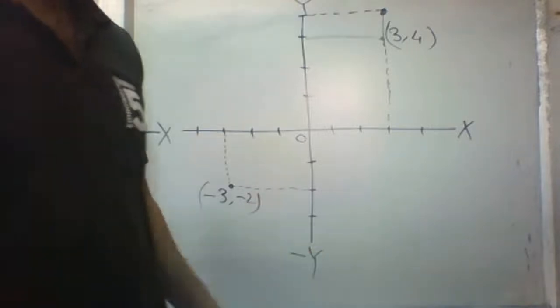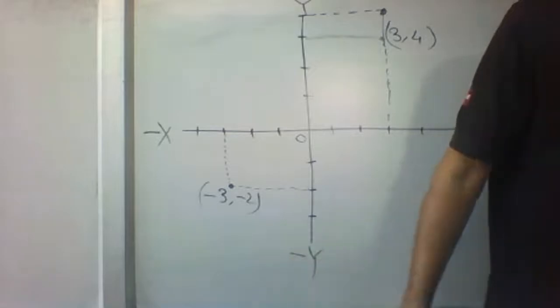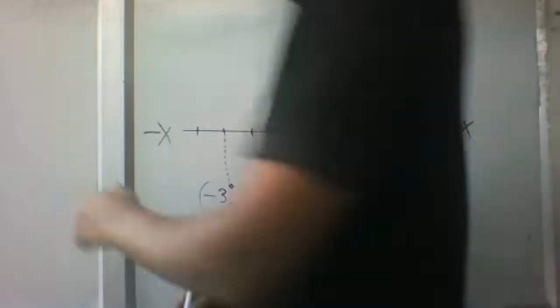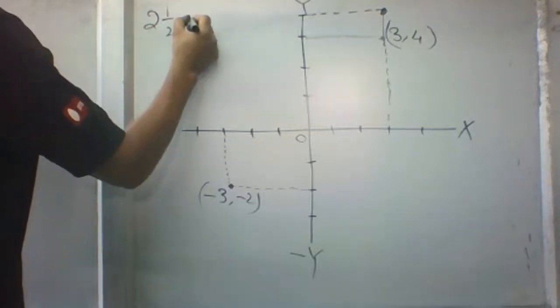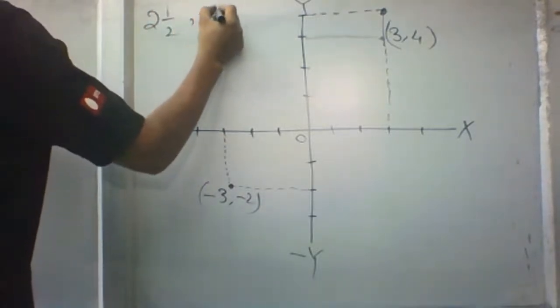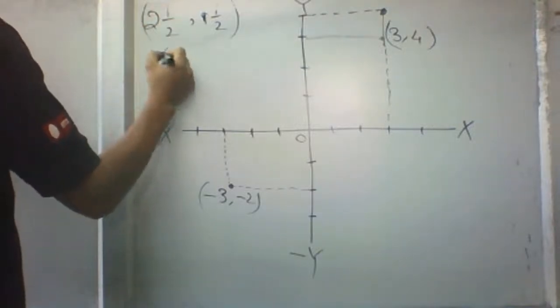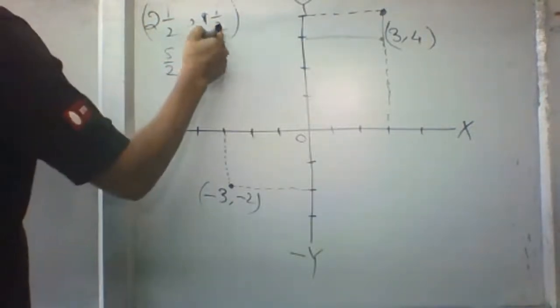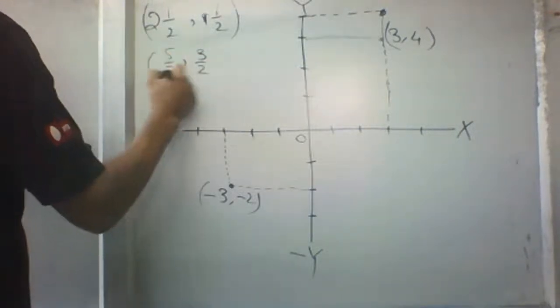But one thing can be complicated sometimes, if the points are (2 1/2, 1 1/2).